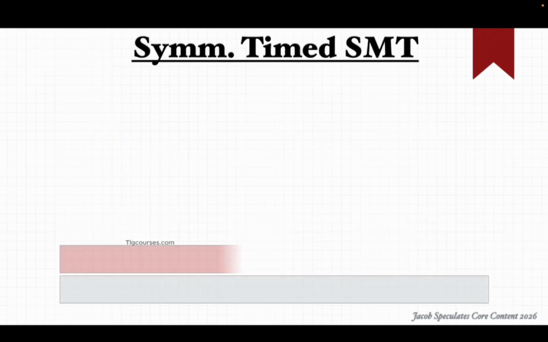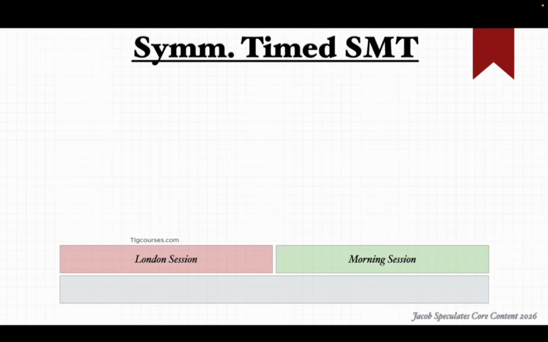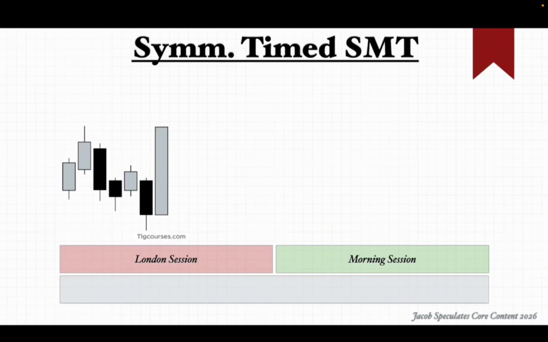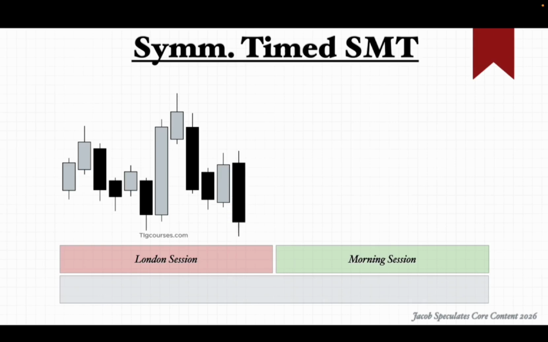So let's say we're coming into a day and we have London session and morning session, right? So we're working within Q2 and Q3 of the daily cycle. London session's price action prints, and now we are coming into the New York morning session.